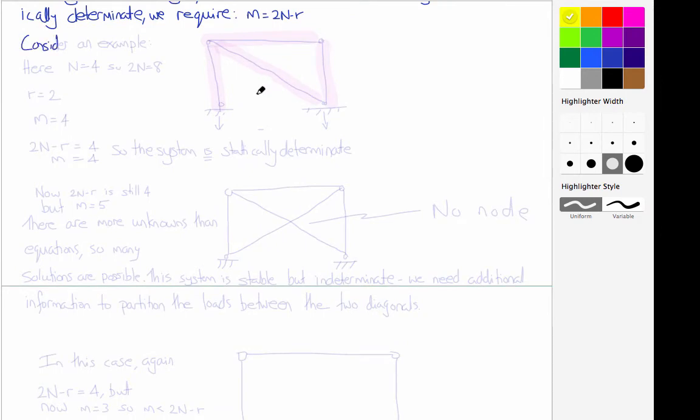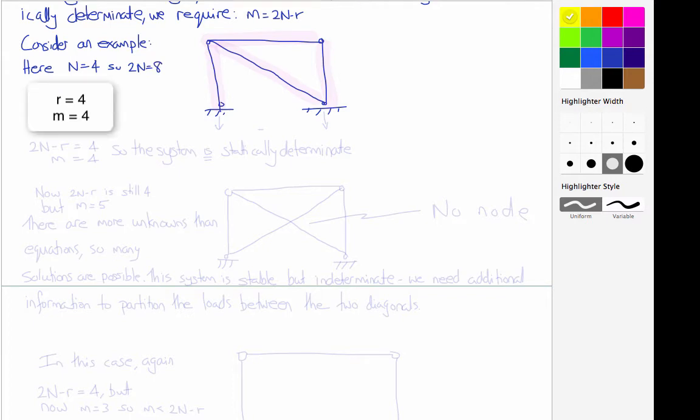So let's start by considering a simple example with just 4 nodes. You can see here. And so therefore we have 8 equations. But there are 2 unknown reaction forces, each with 2 components, at the ends, here and here.